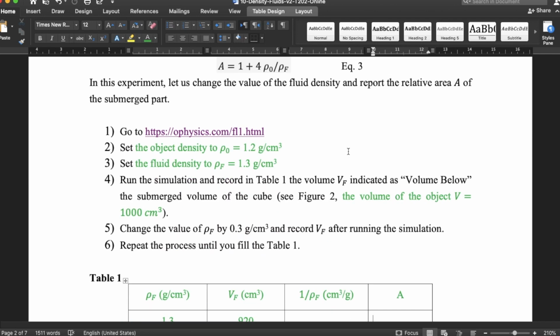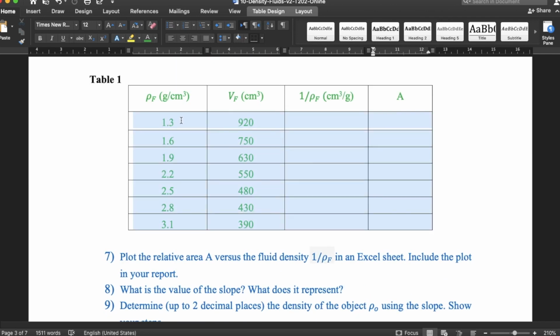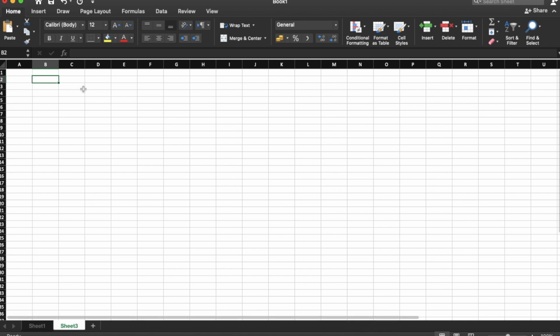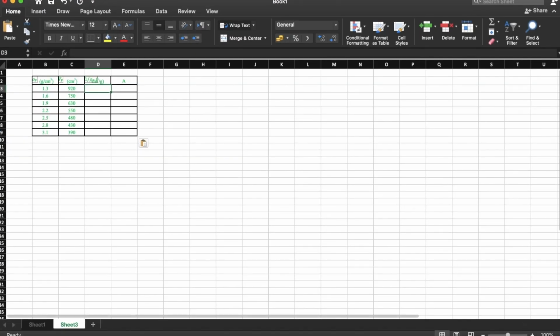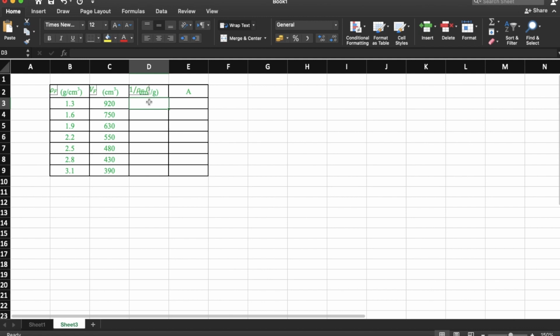Okay, so copy this table, go to Excel, paste. Now sorry, it's messy, but it's 1 divided by rho of the fluid.